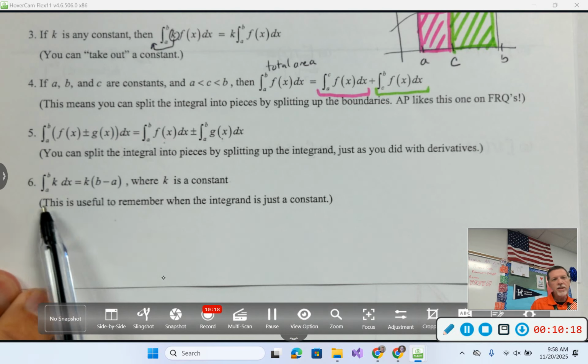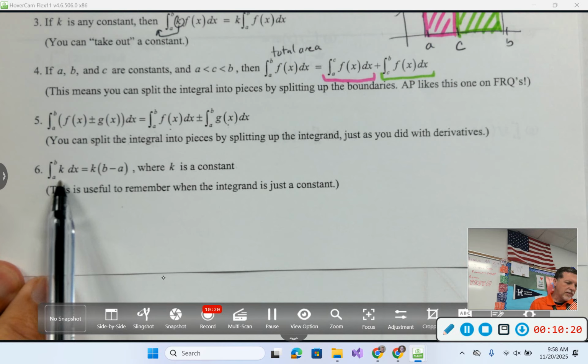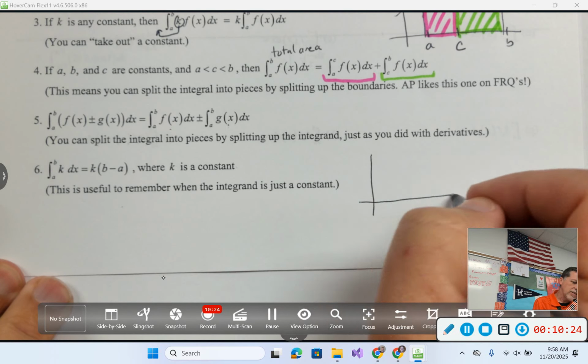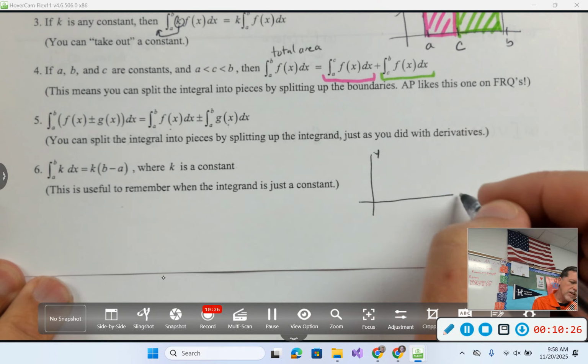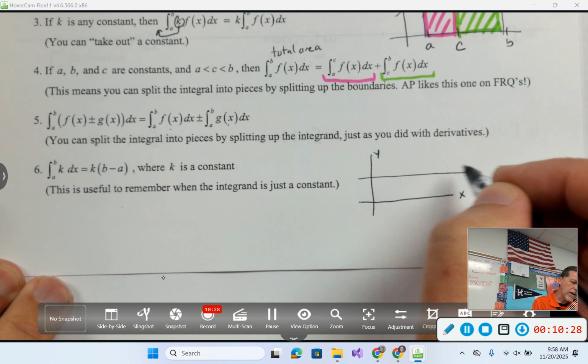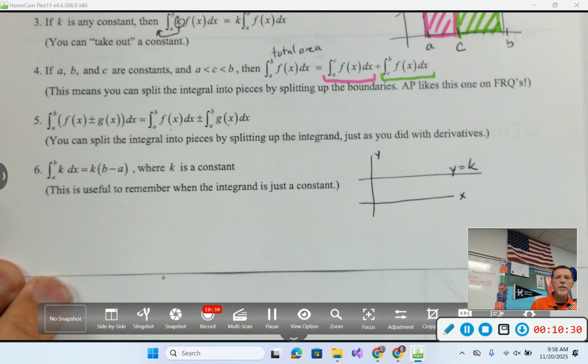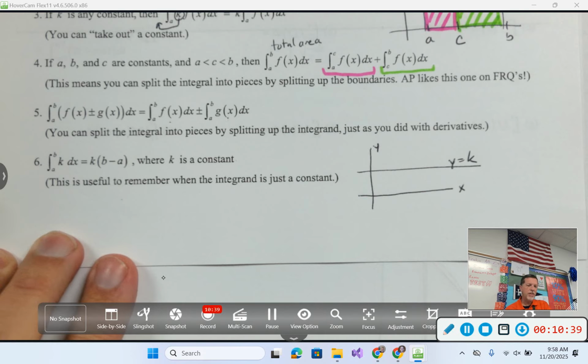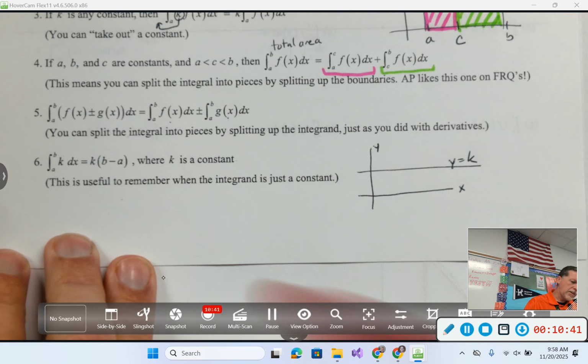This last one, the antiderivative from a to b of k, where k is a constant. Think about what this means. If k is a constant, I've got y equals k here, and I want the area under that curve from a to b.